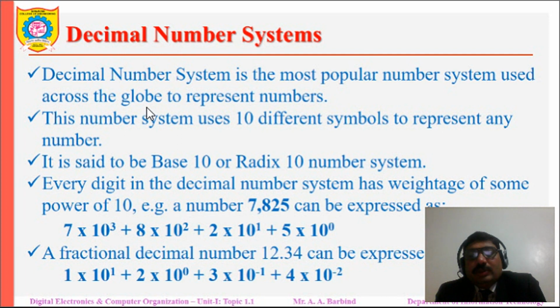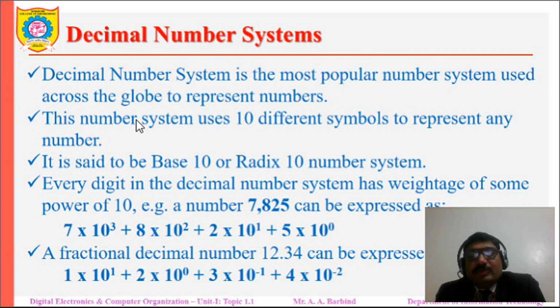If we go to the milkman, we ask the milkman to give 2 liters of milk. That is, in our day-to-day life, we extensively use numbers, and these numbers are represented in a number system which is the decimal number system.